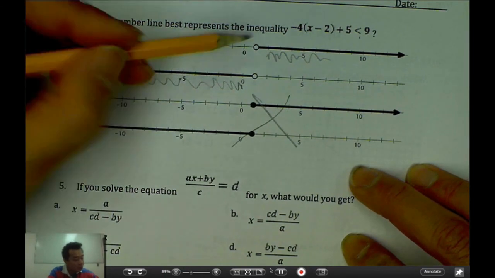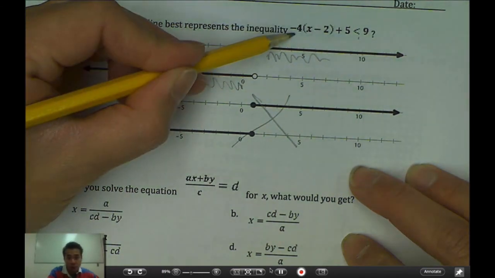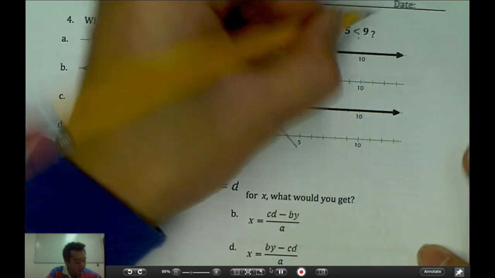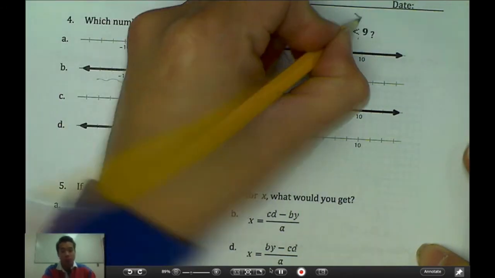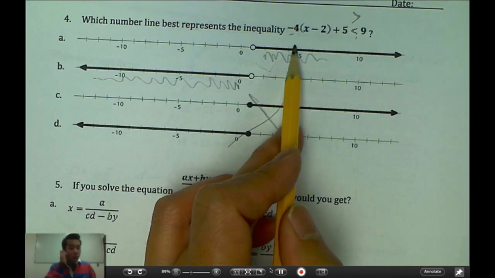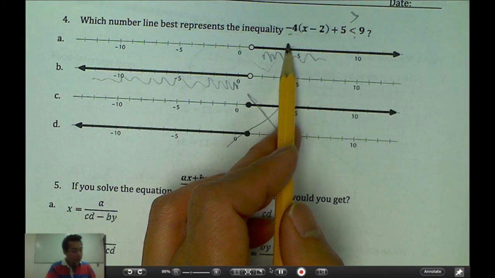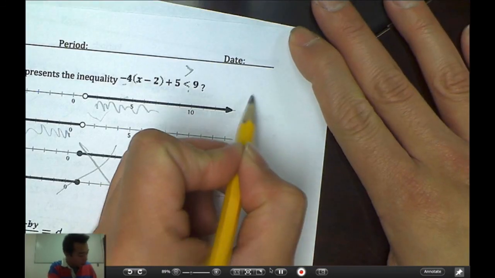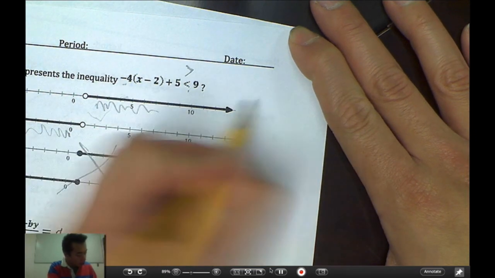But I also know that there's a negative coefficient right here that I'm multiplying by something. So later on I'm going to divide by a negative, so my inequality symbol is going to eventually flip. It has to because I'm going to divide. So I'll do it the long way, and then if you guys want to, you can test it at home. Algebraically, the first thing I'm going to do is distribute this.